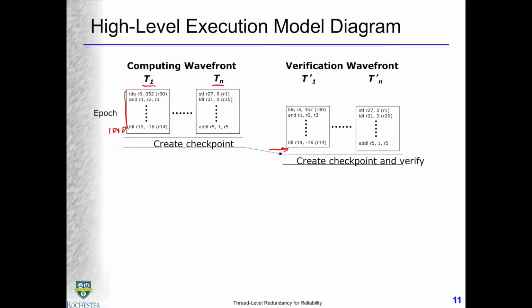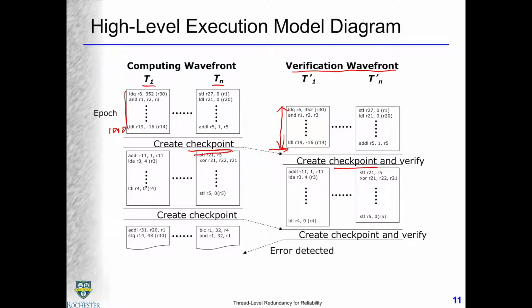Let me extract the architectural register state, and since I already have the checkpoint from the computing wavefront, and this whole group of threads that we call the verification wavefront, we'll just compare that checkpoint with this checkpoint. Okay? If they're the same, that means after these many instructions, we reach the same architectural state as far as registers are concerned, and good. This part seems to be error-free, and we can continue, right?